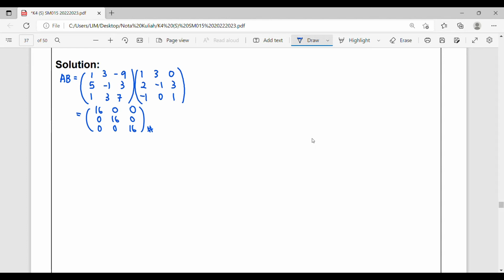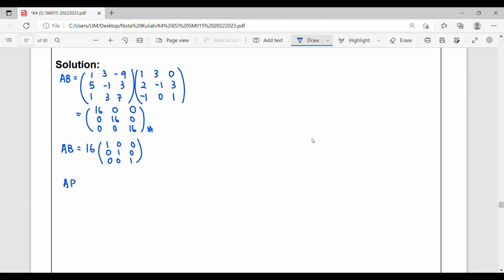Since the multiplication here gives us a pattern like this, we are going to use the properties method, because the multiplication gives us a special characteristic in identity, which is equal to 16 identity. Once we factorize out the 16, we can see the identity properties here. So in order to find this inverse, we are using the properties method.